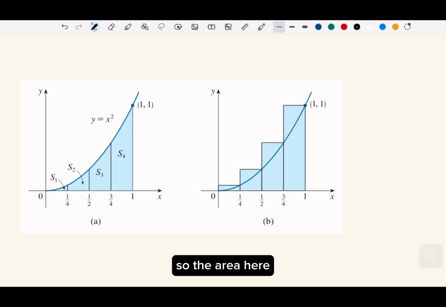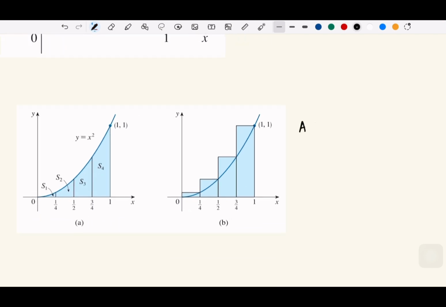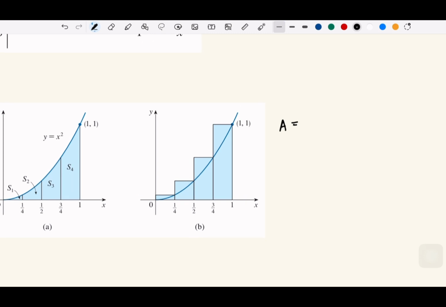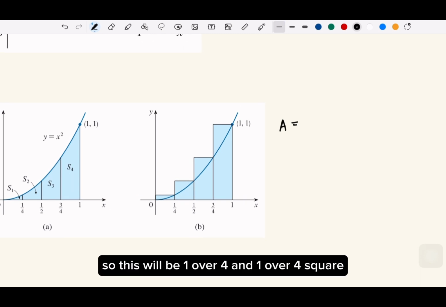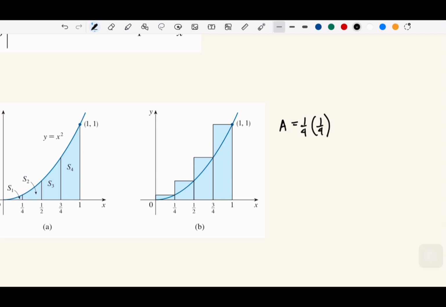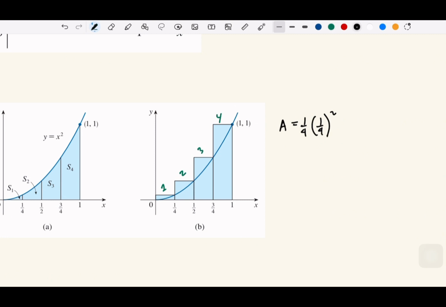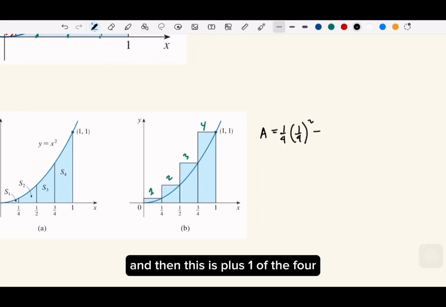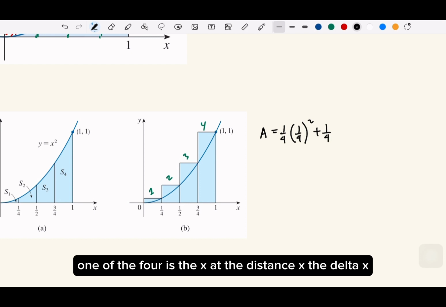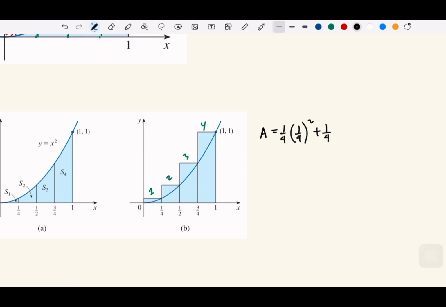So the area here, this will be 1/4 and 1/4 squared. So let's say this is 1, 2, 3, 4. And then this is plus 1/4. 1/4 is the x, okay, the distance x, the delta x. And then this will be half.